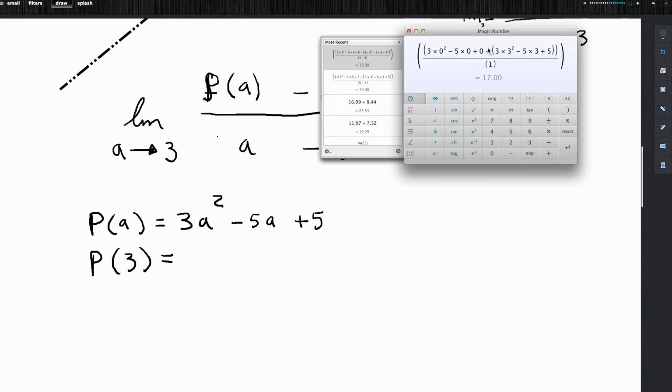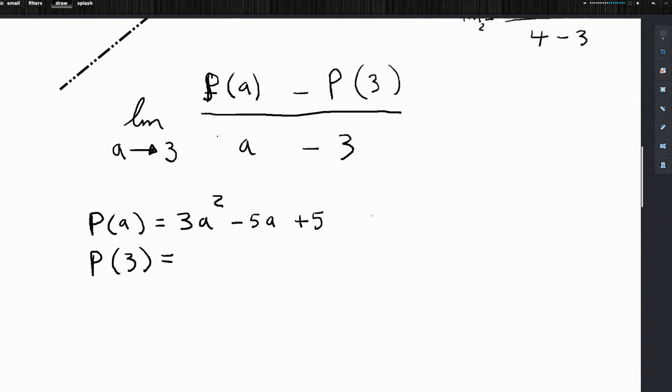Okay, so what I'm calculating now is, notice this is 0 plus, and this is P of 3, right? It's 3 times 3 squared minus 5 times 3 plus 5, so it's 17. Okay, so that is going to be 17, okay? So now let's see what we get here.